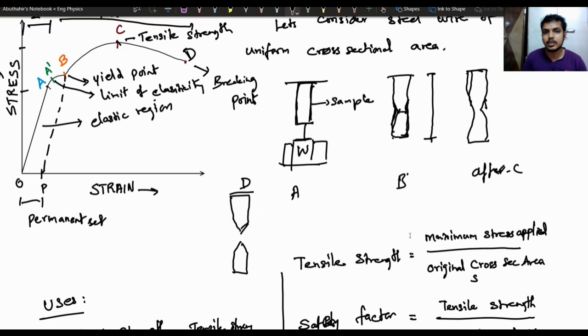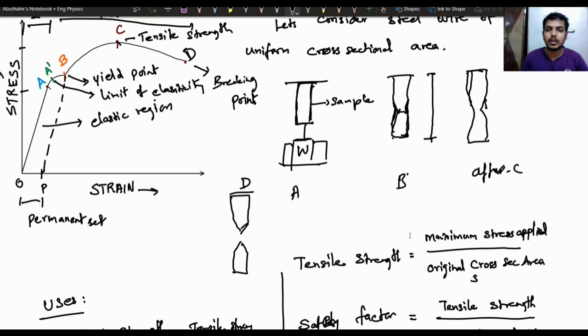So that kind of changes we can make, and that is also one of the applications. These are the stress strain diagram and its understanding. This is a useful idea for a basic level of understanding about the mechanical properties of materials.